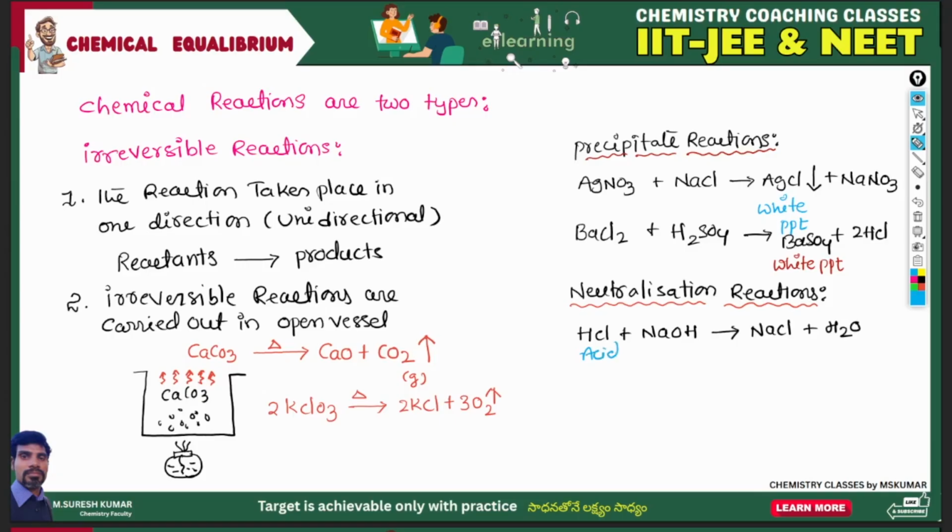An acid reacts with base to produce salt and water. Once the reaction gets neutralized, the reaction is completed. The product never can be returned back. Clear? So these all are examples for irreversible reactions.